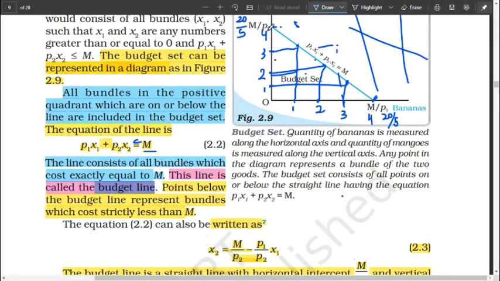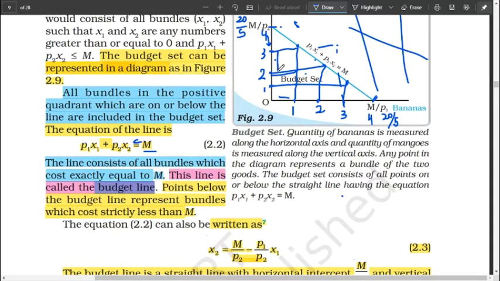Earlier you have 4 mangoes and 0 bananas. If you want to buy one banana, you cannot buy 4 mangoes anymore. You have to buy only 3. You have to give up 1. So that is the slope of the line, minus 1. You have to give up 1 mango to get one more banana.